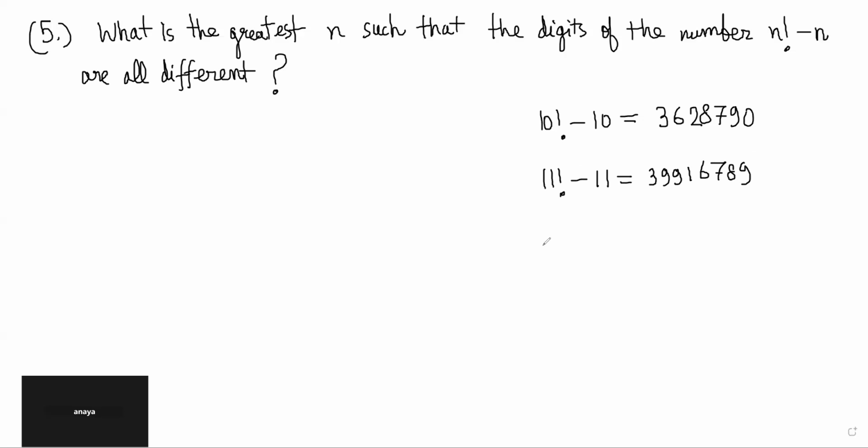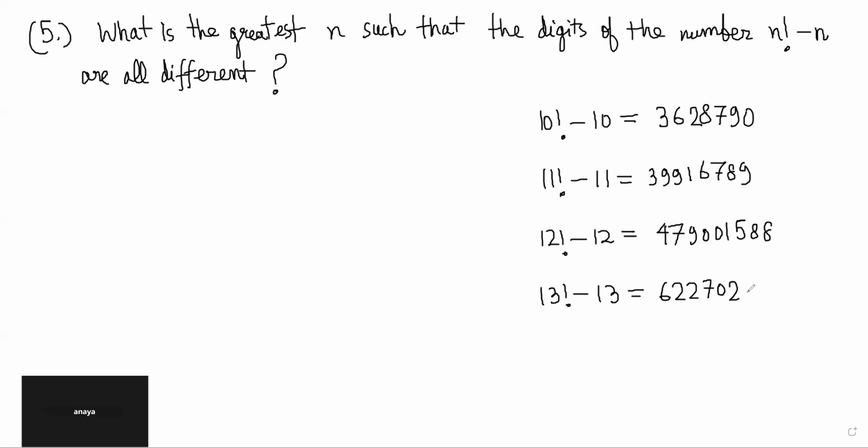And 12 factorial minus 12 is equal to 479001588. And similarly 14 factorial minus 14 is this.